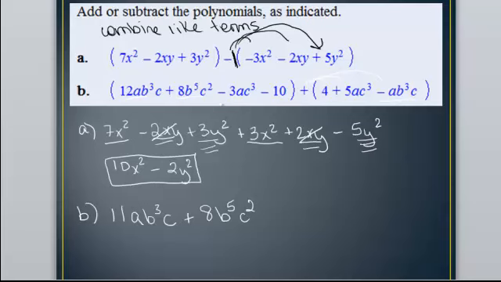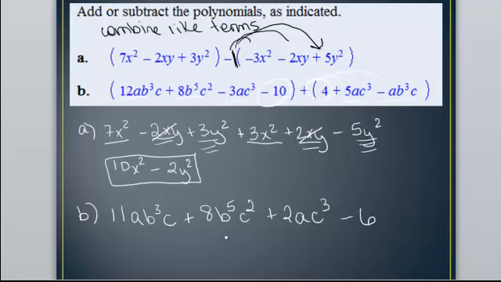Here's an ac cubed, so we need to combine these two. Negative 3 plus 5 will be a positive 2ac cubed. And then all we have left are the constants. We have a negative 10 and a positive 4. So negative 10 plus 4 is negative 6.